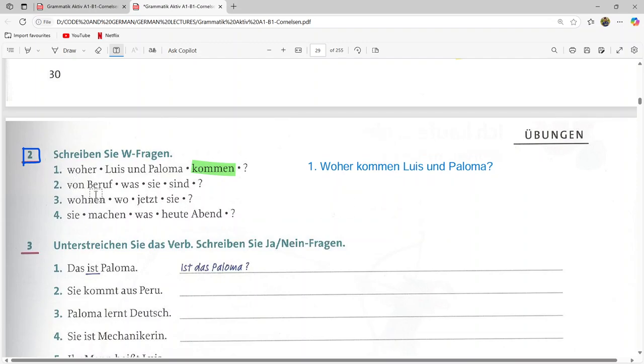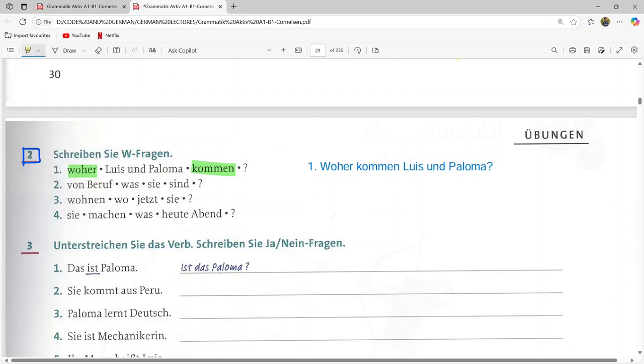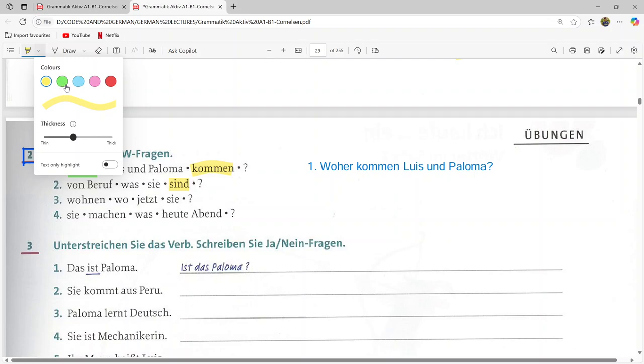Next one. This is the Frage word, and this is the verb. Which one is the Frage word?